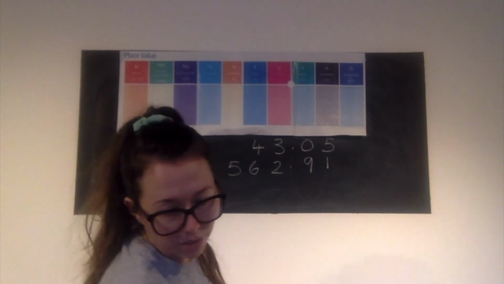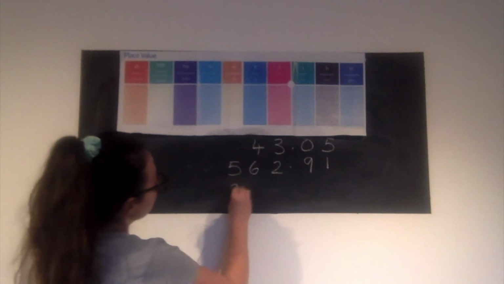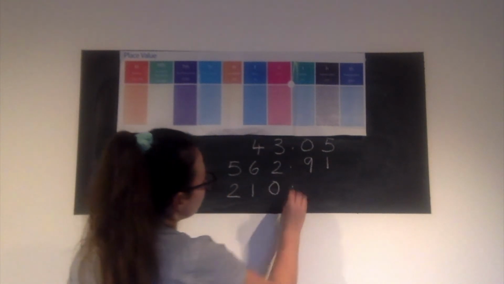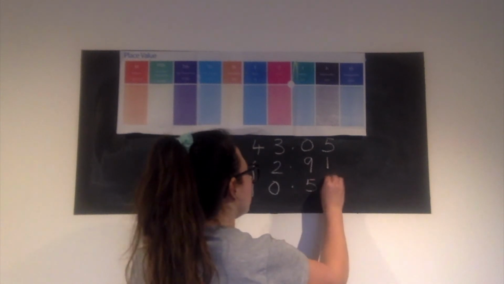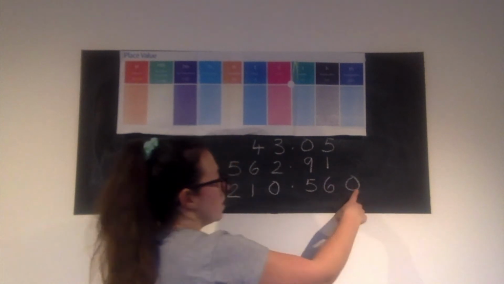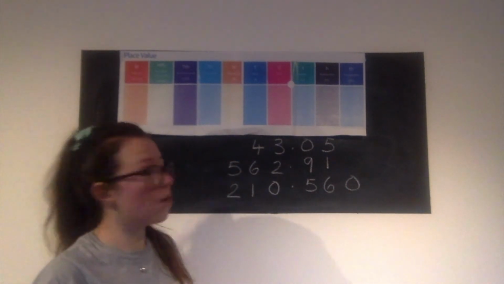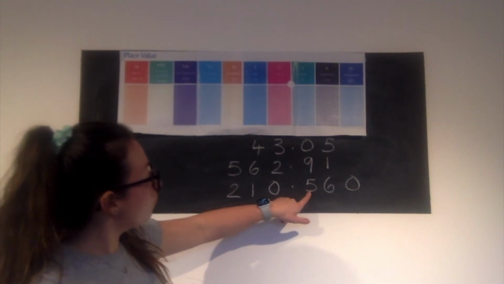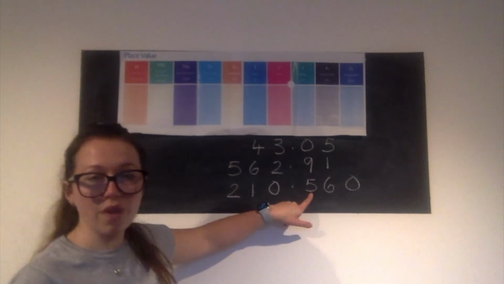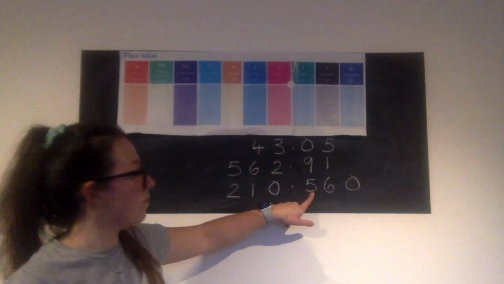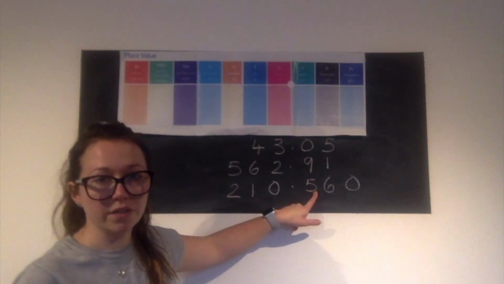The next number was 210.560. Remember that 0 has absolutely no value, it's just holding a place there. So the 5 in this instance was in my tenths column, so the value of that 5 is 5 tenths or 0.5.